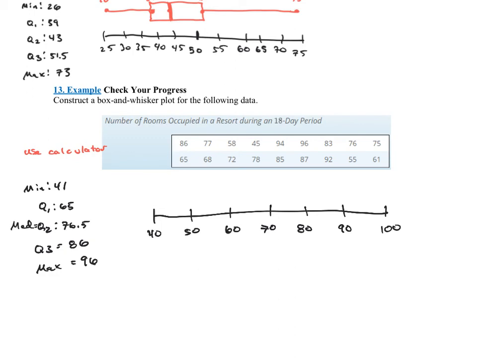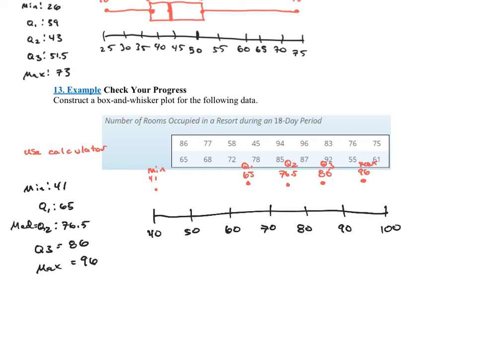Okay, so now let's go in. Let's plot all those points. Here's 41. This is the min. 65. That's Q1. 76.5 is Q2. 86 is Q3. 96 is my max.